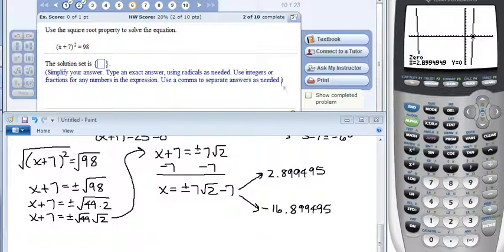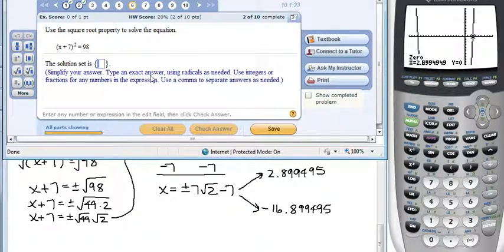Now my MyMathLab is not going to want these answers, it's going to want these answers. Okay, so that's why you can use the calculator to check your answers, but you can't change this into that. At least I don't know how. If you know how, please let me know. But anyway, so you're going to put in, I suppose we should just do it.